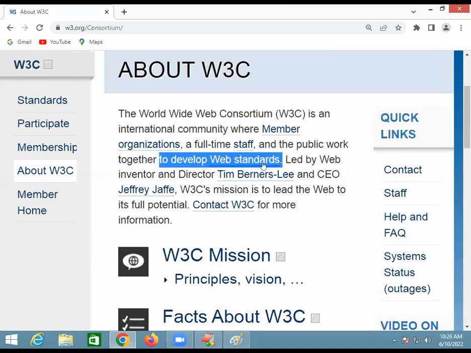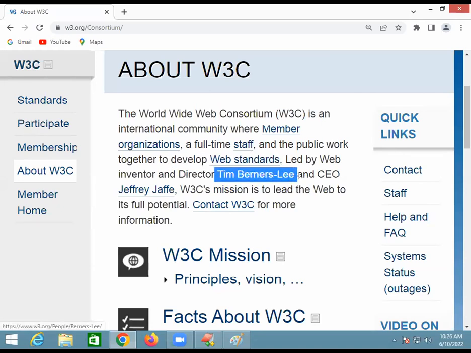And who maintains this team and who invented this team, sir? Tim Berners-Lee. This is the person, sir, Tim Berners-Lee. What is special about this person, sir? He is the founder of the W3C organization. That organization was started by this person. And now who is the director of W3C, sir? The same person only. Founder and also director, Tim Berners-Lee.